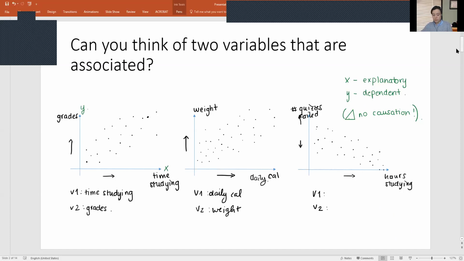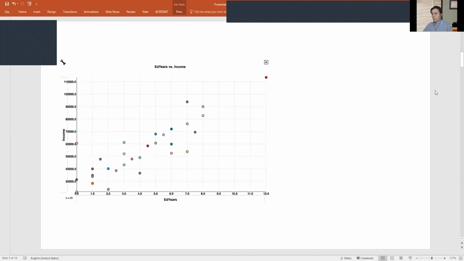Okay, so we're going to go to the next example, which is a scatter plot that has already been plotted. So you have the following scatter plot, which shows for 31 people the number of years that they have studied after high school.